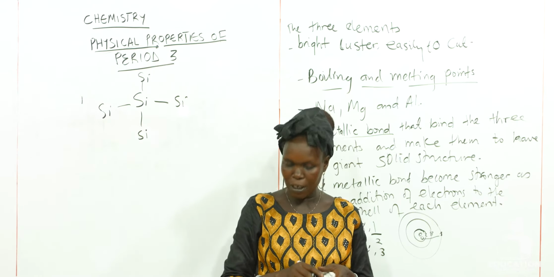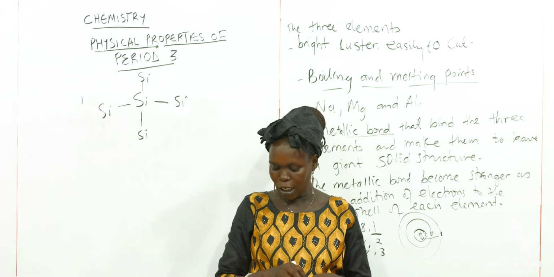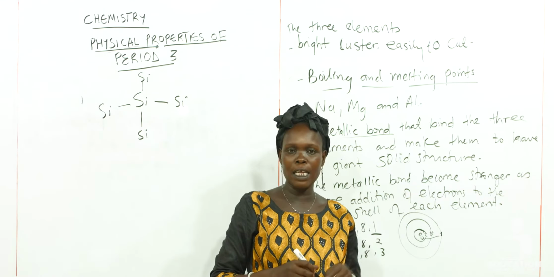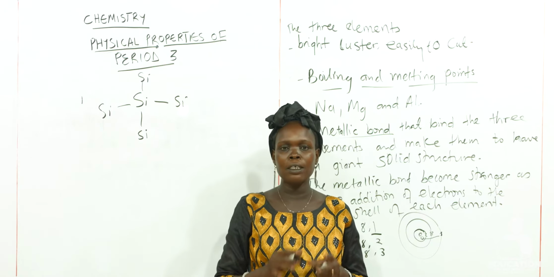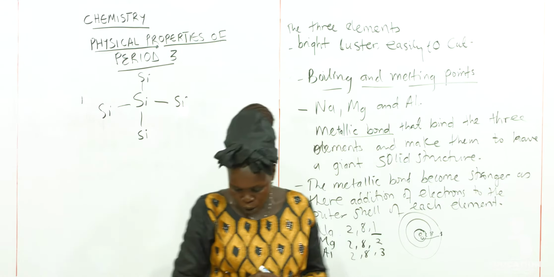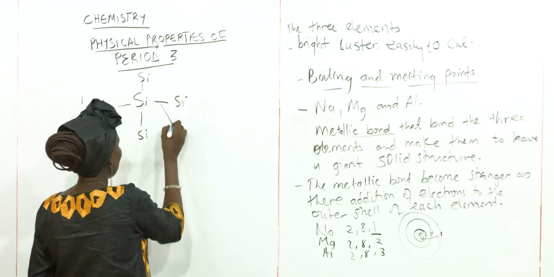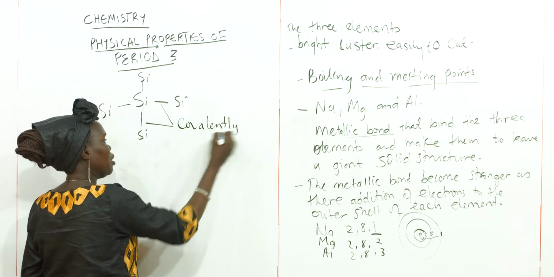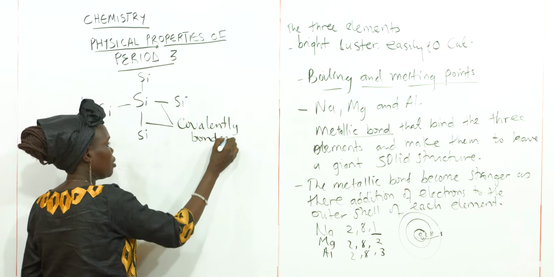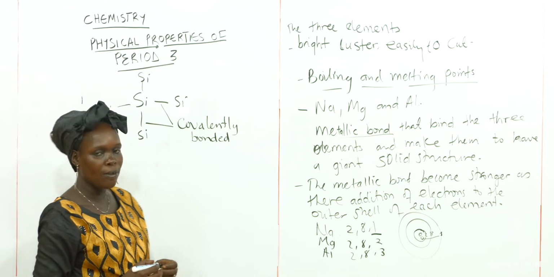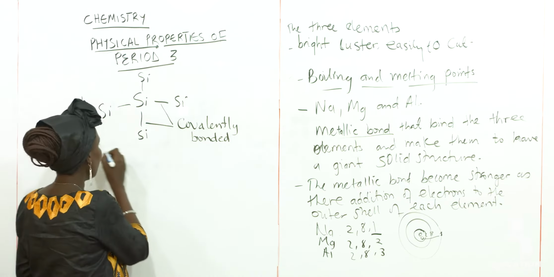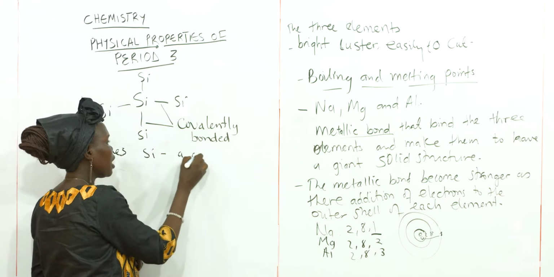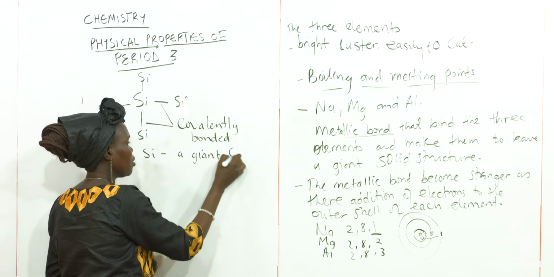So the covalent bonds are very strong, giving silicon a giant crystal atomic structure, which is stronger than the one of the first 3 elements, which are sodium, magnesium, and aluminium. So this is covalently bonded. These 4 bonds here are known as covalent bonding, and this gives silicon a giant crystal structure.